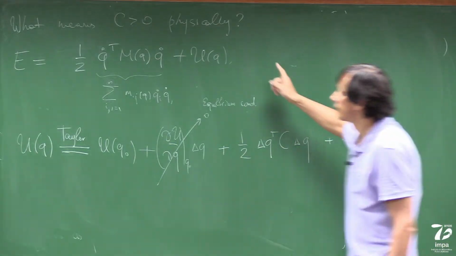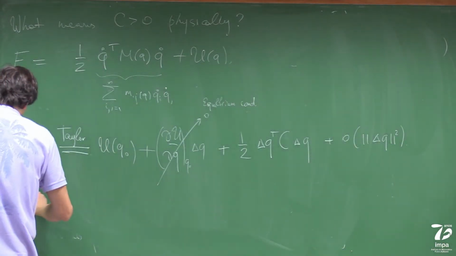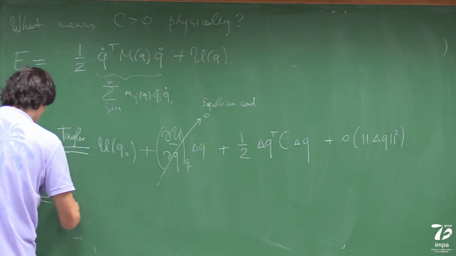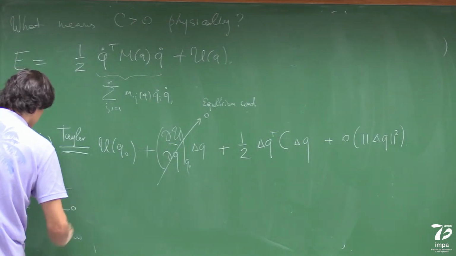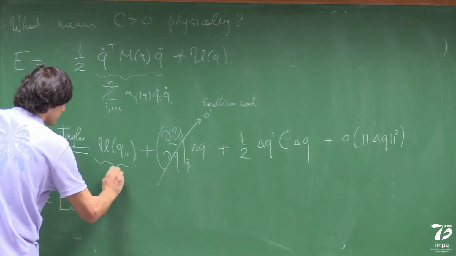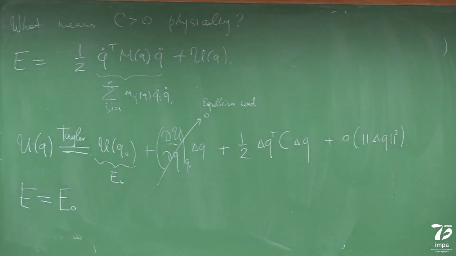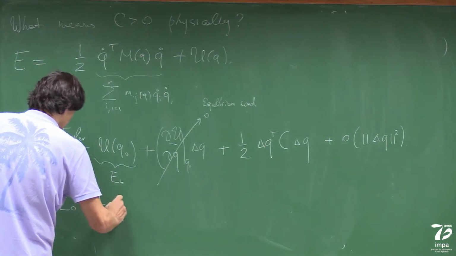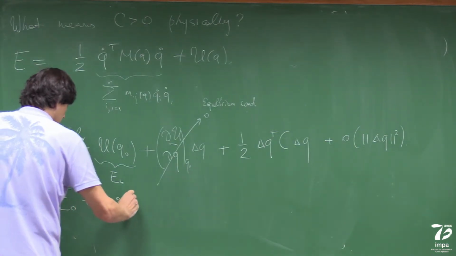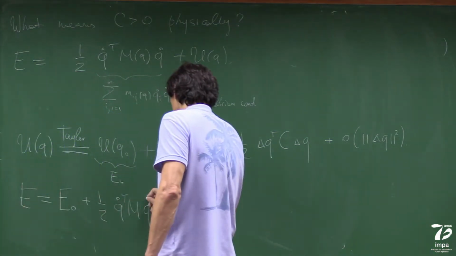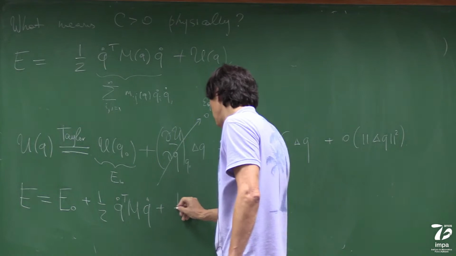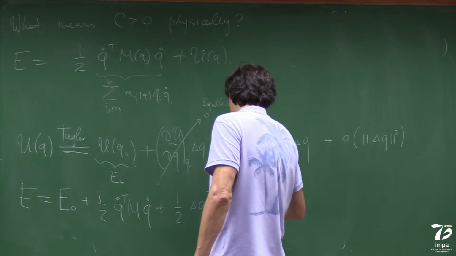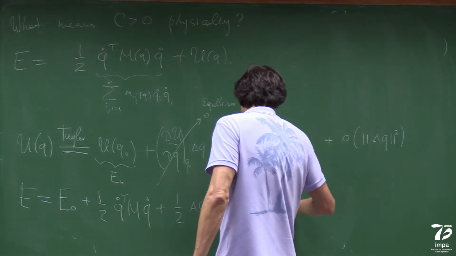So when you put it back, what you see for the energy is this constant term, which we call E0, plus this, plus that, plus smaller order terms.